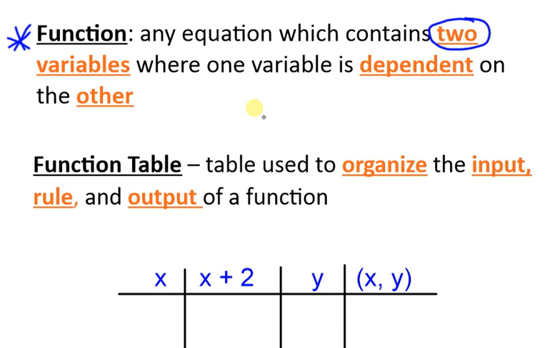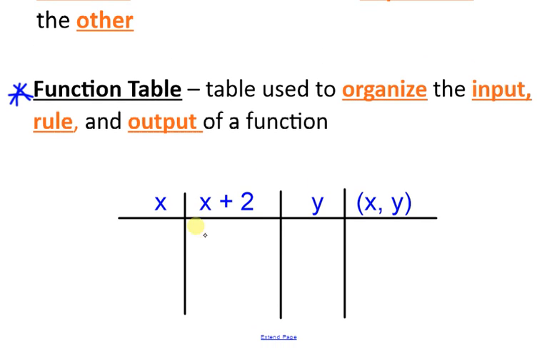Then we have something called a function table. A function is an equation with two variables, but a function table is a way to organize those variables. This is an example of what one looks like, and we're going to fill one out in just a minute.